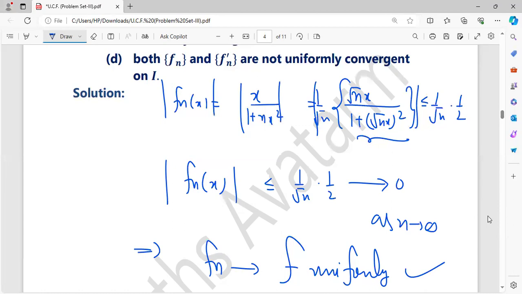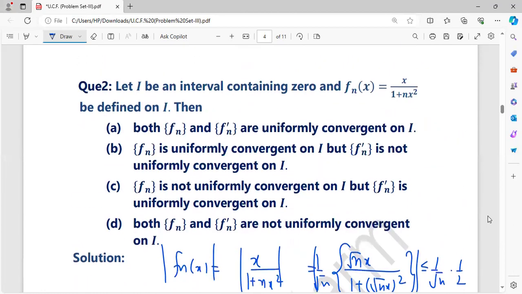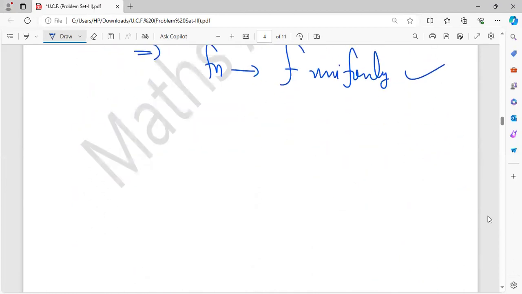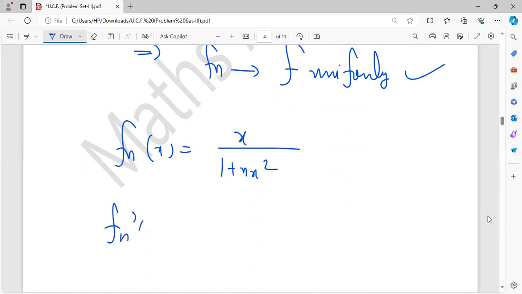Now what is the derivative function? Fn is equal to x upon 1 plus nx square. What is the derivative Fn dash x?